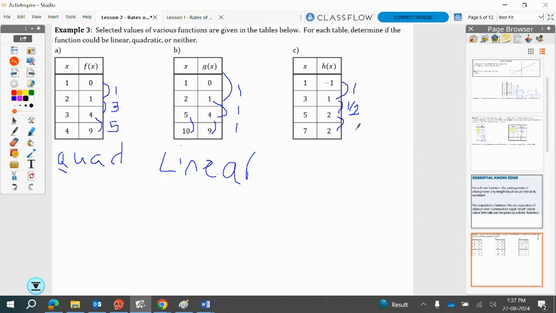Here we don't change, so we get 0. So this one has to be quadratic, because the average rates of change decrease at a constant rate of a half.